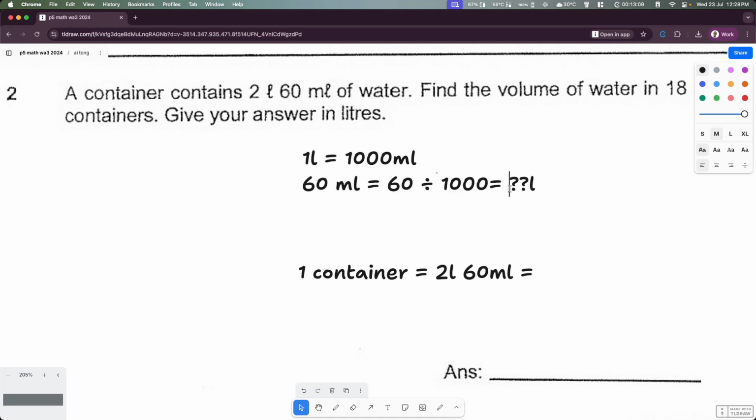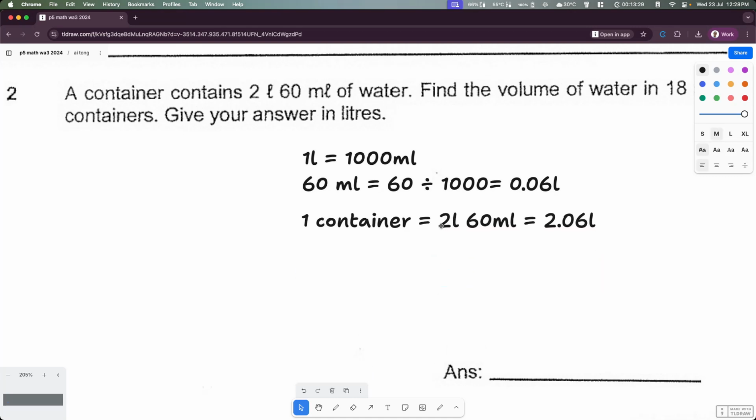We can cancel this 0 and this 0. It's basically 6 divided by 100, which is 0.06 liters. So now we know that this is equal to 2.06 liters.